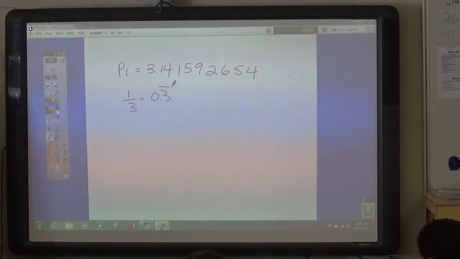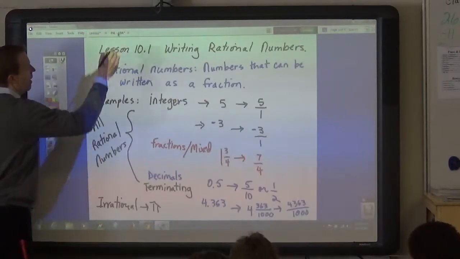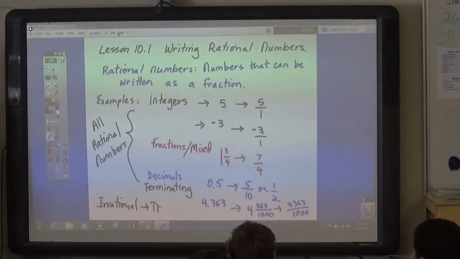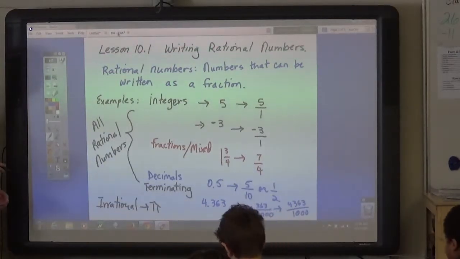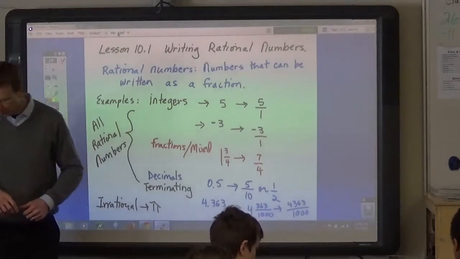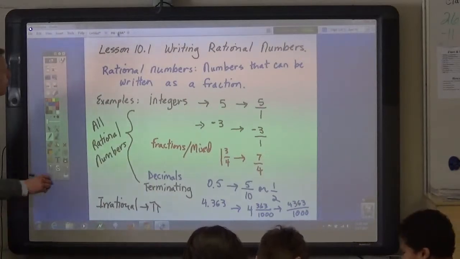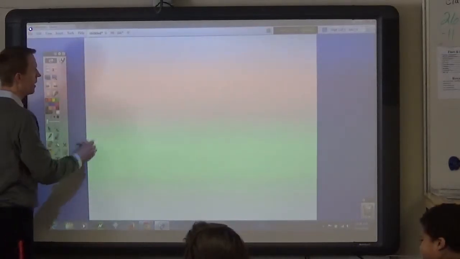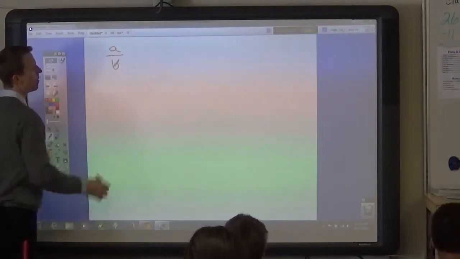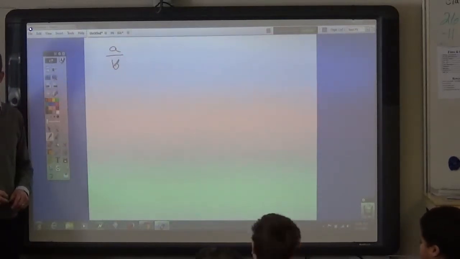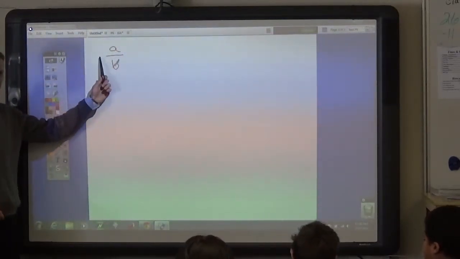Now, we're talking about rational numbers today, and we're going to be talking about comparing those rational numbers later. Look at your book on page 292. Look at the first section. It says write the given number in the form A over B. What is this form called? It has a number over another number. It's a fraction.